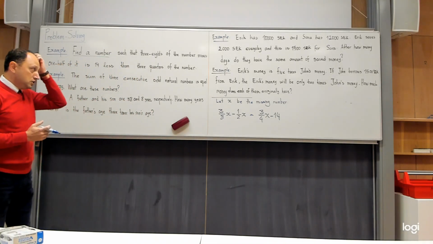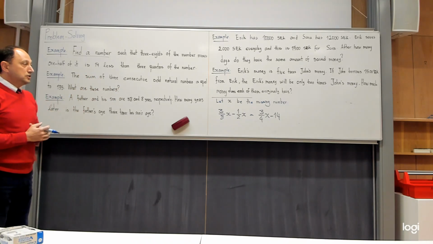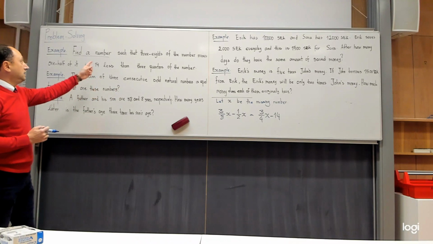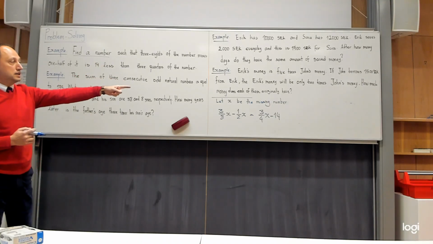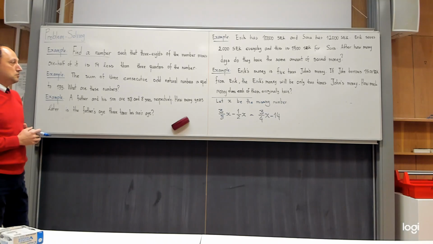So you see, you need to read it and be able to write this equation yourself. So let me read it again. We want to find a number, so I give it a name, x. Let's assume that x is the missing number.